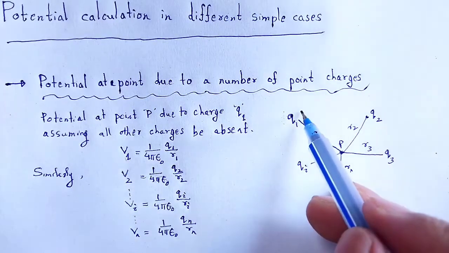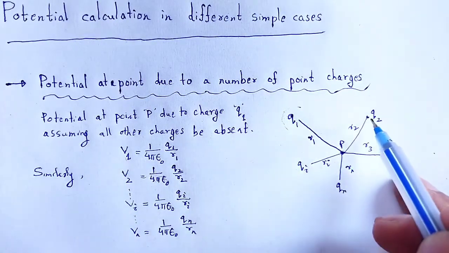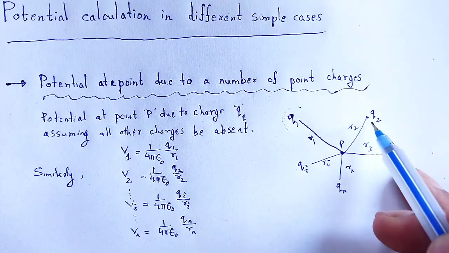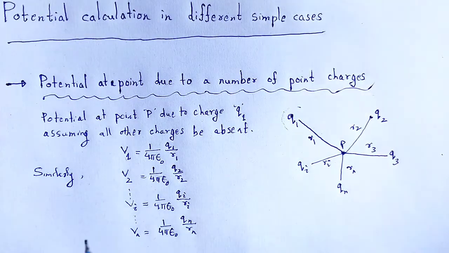V1 is the potential due to the charge Q1 at point P, V2 is the potential due to the charge Q2 at point P, and so on.